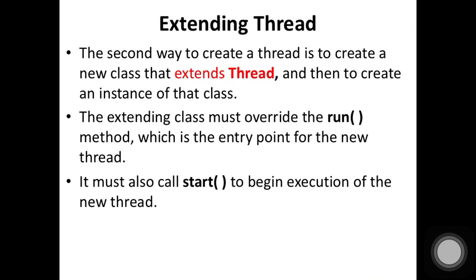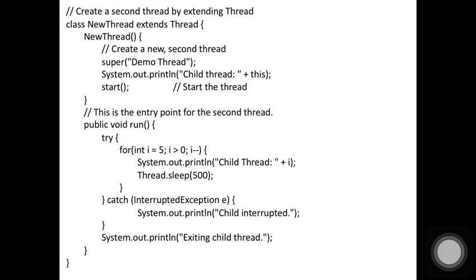How are we going to create a thread by using the Thread class, instead of implementing the Runnable interface? Here the class extends Thread and must override the run method, which is the entry point for the new thread, and start begins execution of the new thread. It simply invokes the run method overridden by this class.